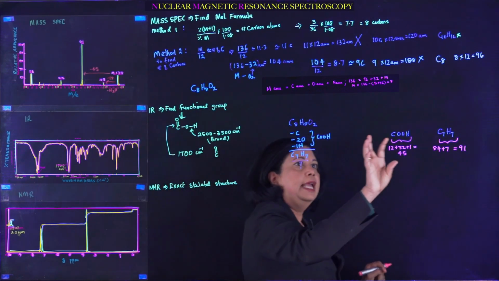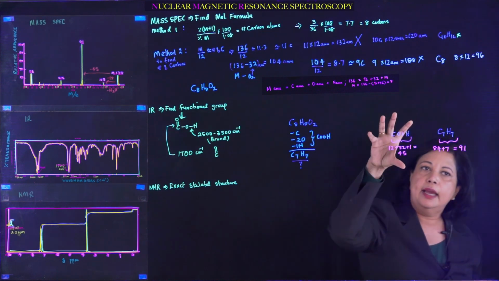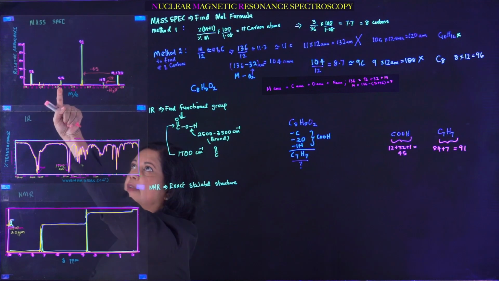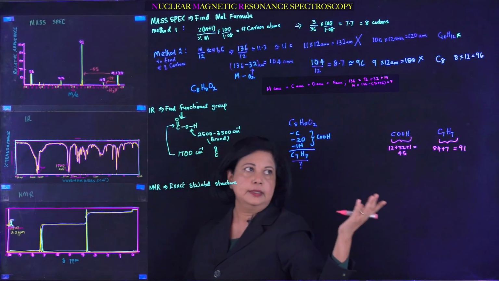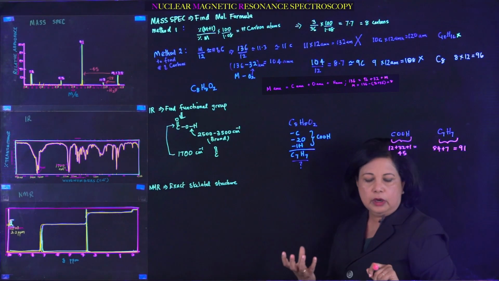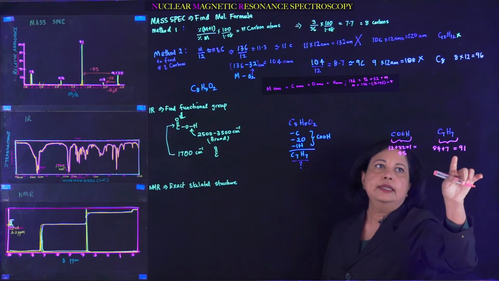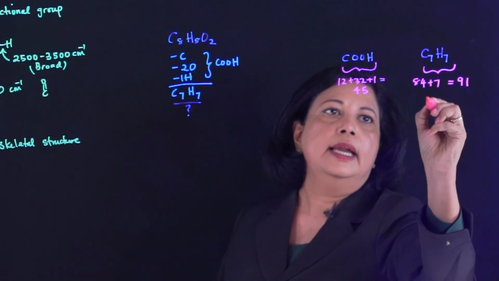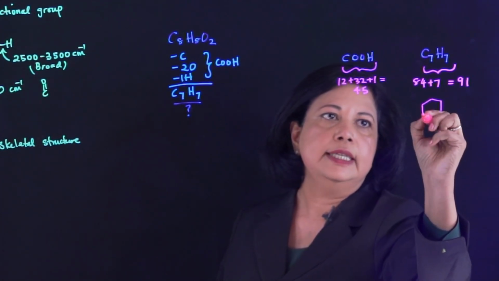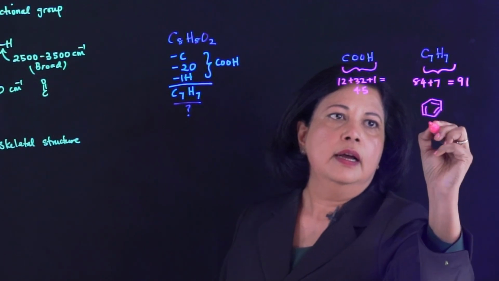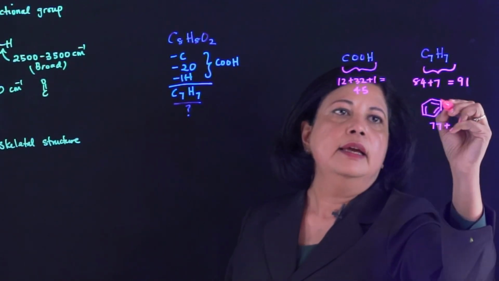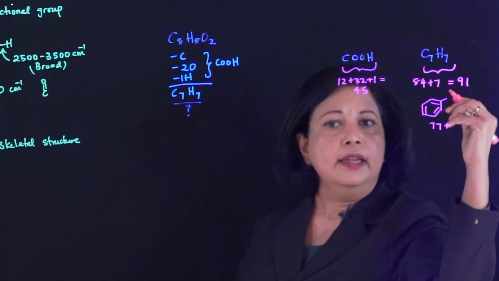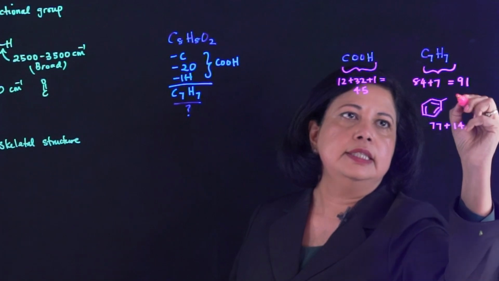So we have a C7H7 attached to a carboxylic acid. We have a 65 peak here. 65 is typically a breakdown of a benzene. So we can say that there is a benzene in here, and that is going to be 77, plus, 91 minus 77 is 14, and 14 is typically a CH2.